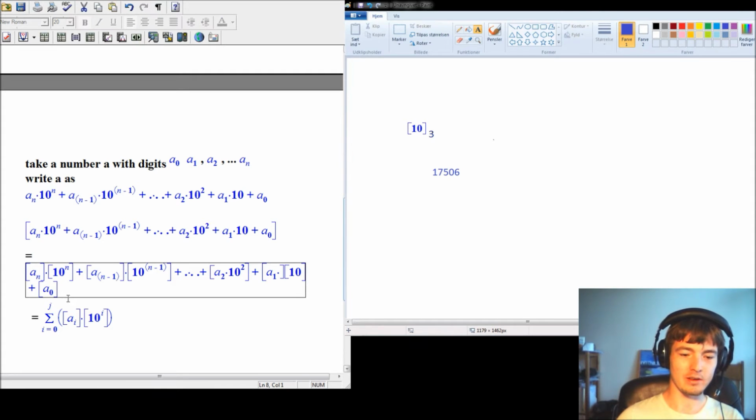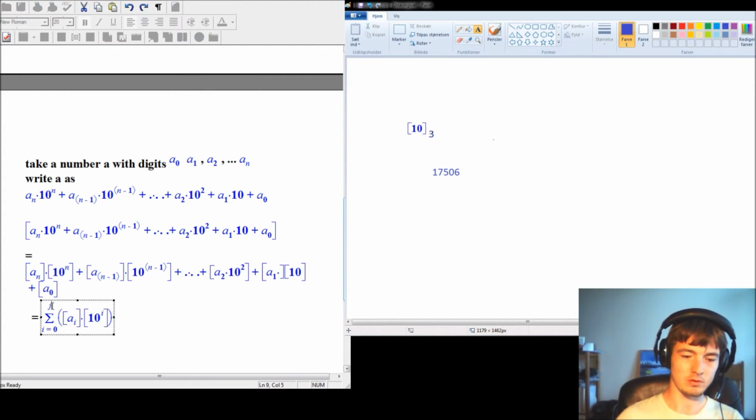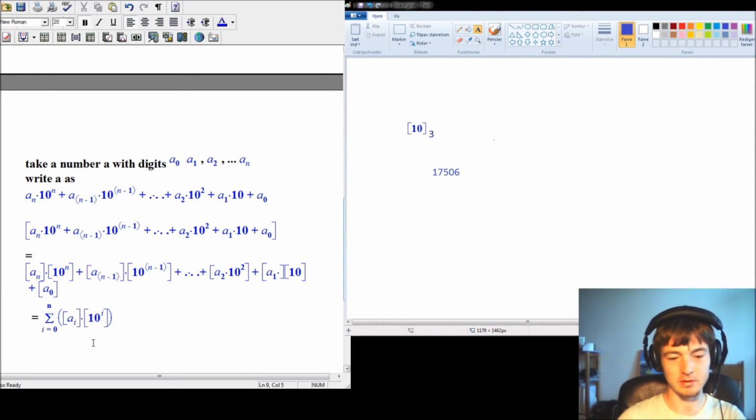So what this says is the sum of a0 times 10 to the power 0, so that's just 1, which is this number, and then, oh no, this has to be an n, doesn't it? And then it's just the sum. It's just a clever way of writing the same thing. But I won't bother more with that.